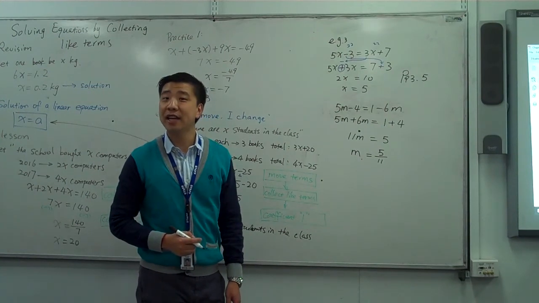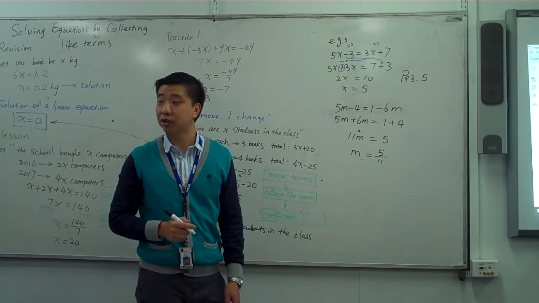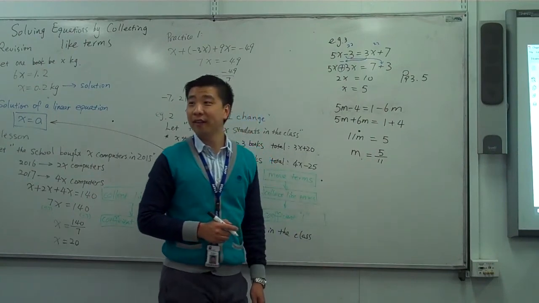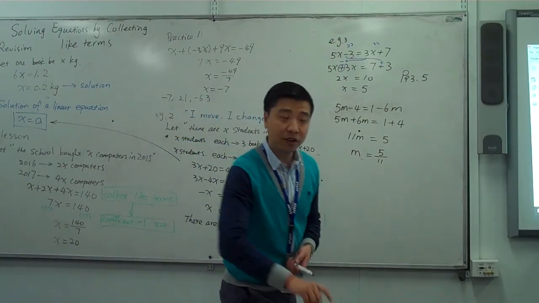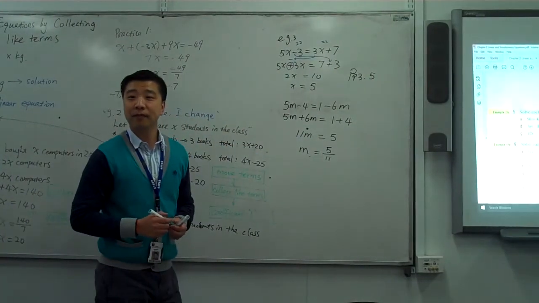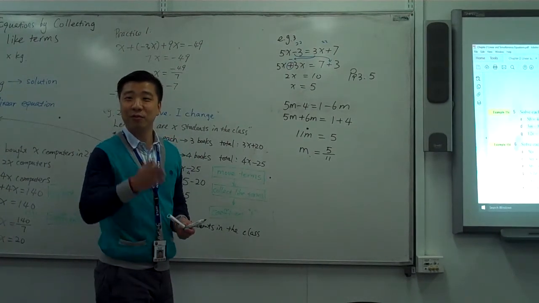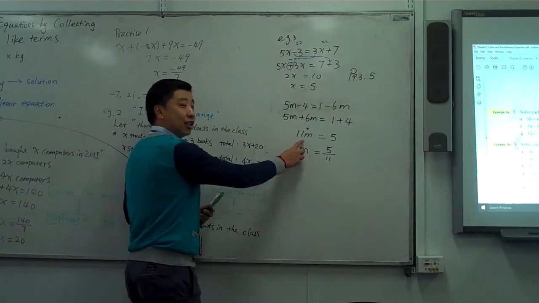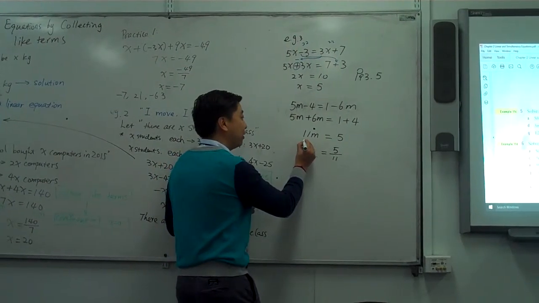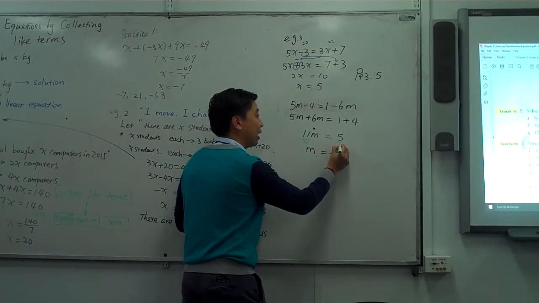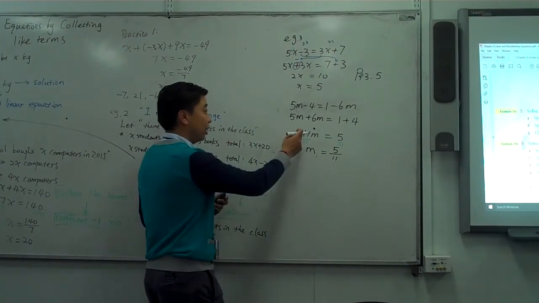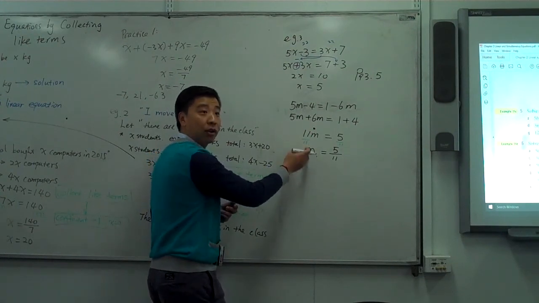Some people said 11 over 5. That is a good question. Which one over which one? 5 over 11. You can double check. Because I need to divide by 11 on both sides, 11 divided by 11 is 1, so I have n.